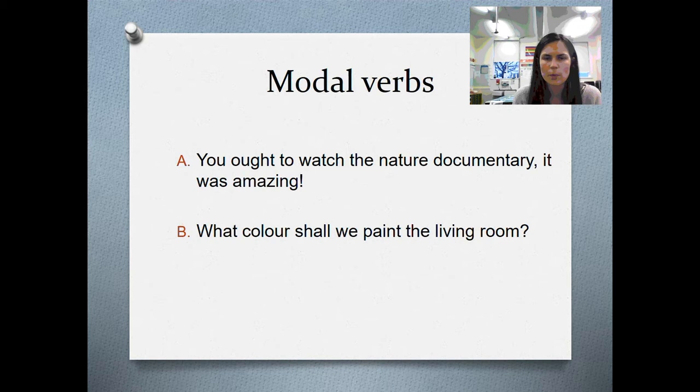I want you to stop and think, what two words are our modal verb? What changes our verb? Okay, so in sentence A, ought. Ought is our modal verb. Because it says you should watch the nature documentary, which is amazing. What colour shall we paint the living room? Well, there's options. It's showing us that there might be a possibility of different colours. Shall is your modal verb.